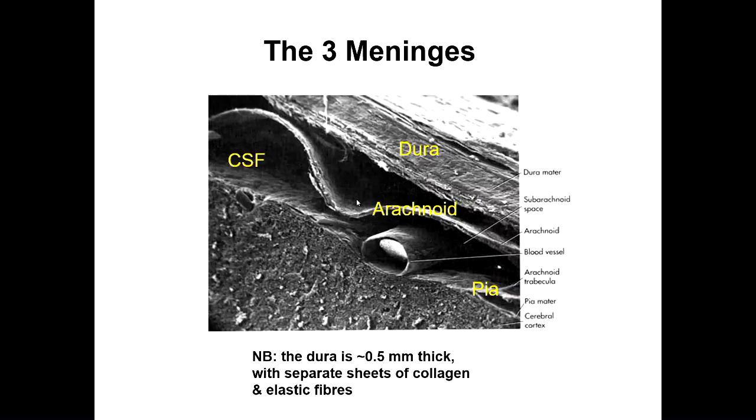You can see in this picture there also appears to be a space between the arachnoid and the dura, but that's an artifact of the tissue processing. There is no space between your arachnoid and your dura mater. The two membranes are sealed next to each other. Although, unfortunately, that space can appear in people who have head injuries that have caused the blood vessels in the dura to rupture.